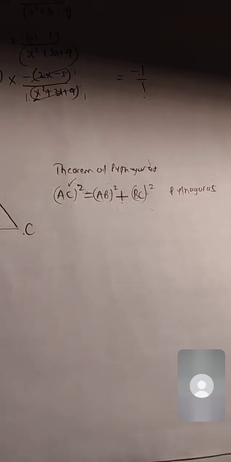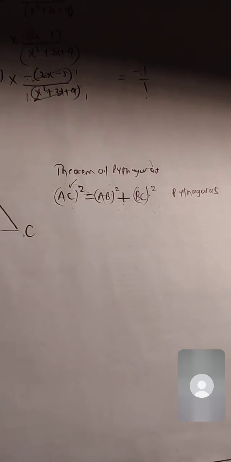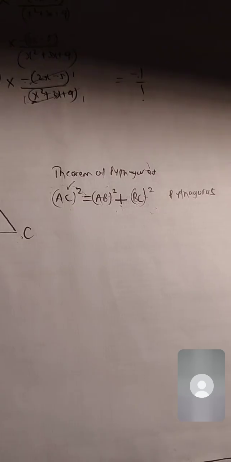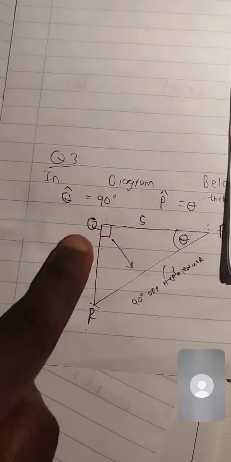Are you understanding? Yes, sir. Have you seen this theorem before? Yes, sir. Have you used this theorem before? Yes, sir. Okay, so now it means you can apply it, my dear, to find the side that is missing.